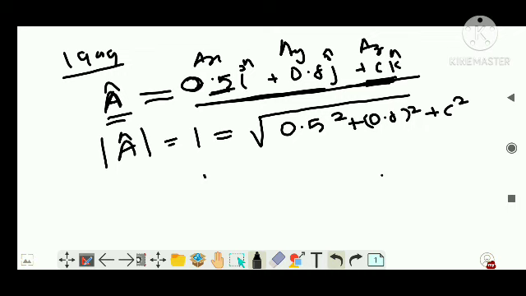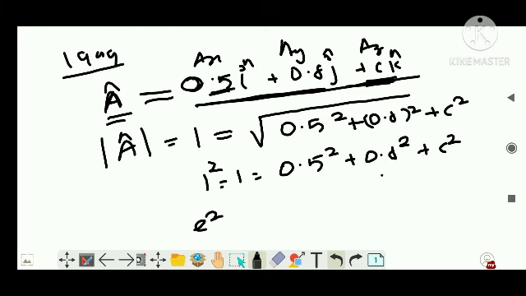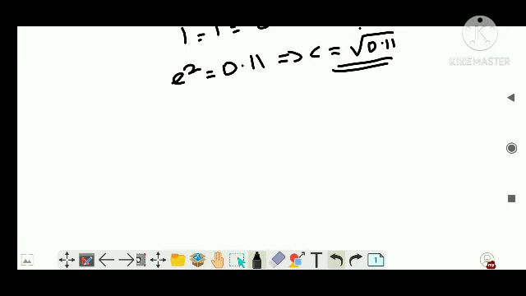If I square both sides, then 1 itself is equal to 0.5 squared plus 0.8 squared plus c squared. Now it is easy to find. You will get c squared is equal to 0.11, or c is equal to root of 0.11. Clear? So always keep in mind the magnitude of a unit vector is always 1, however you are writing it.